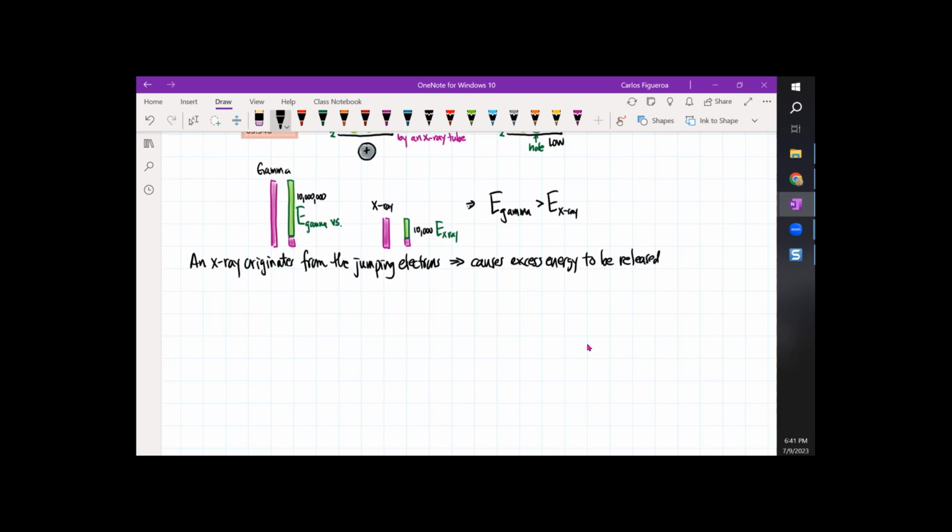So how do you typically do this? I didn't plan to do this, but let me just try to think about this. Typically what happens is that you have a hot filament. Okay, this is a hot filament. And what they say is that by heating up this hot filament, you boil electrons off.